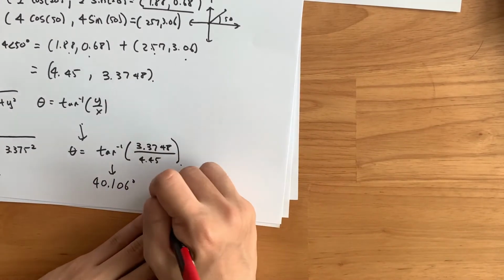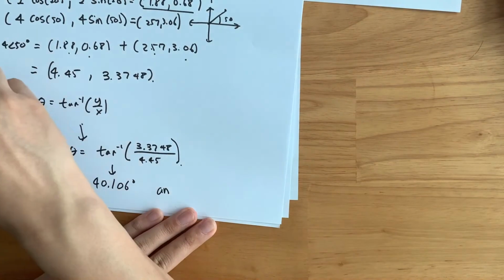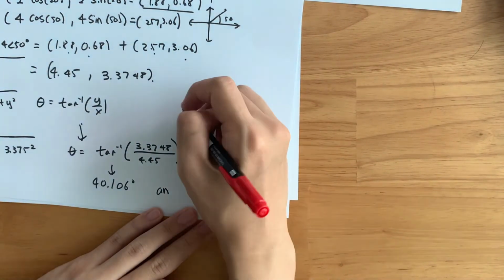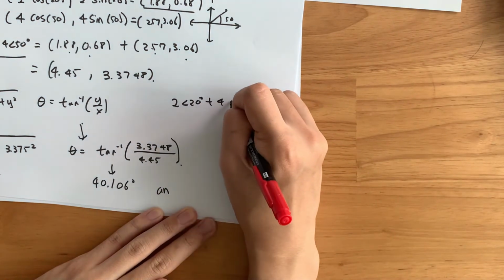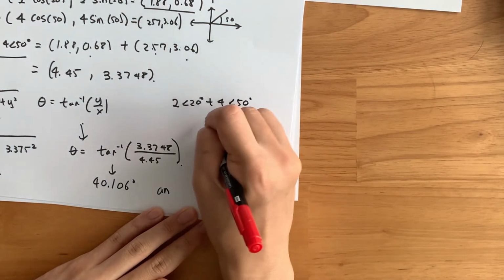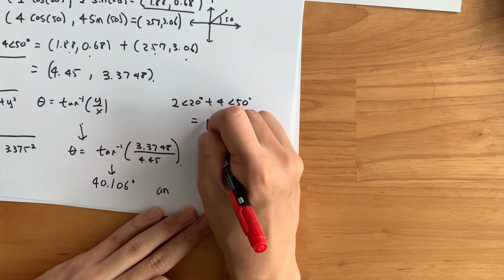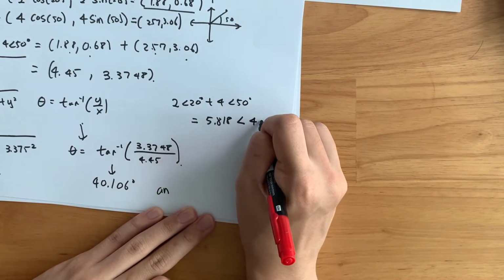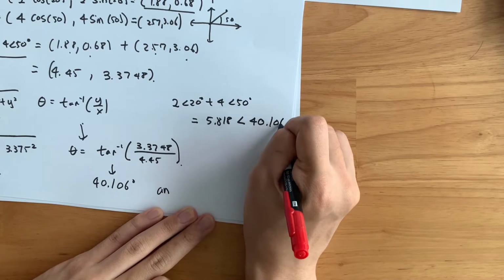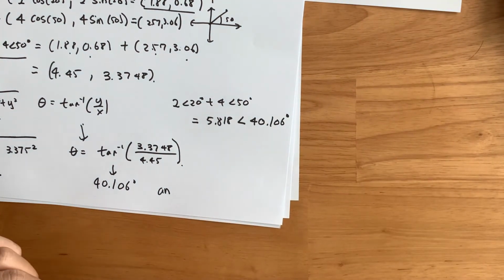So the answer is: (2, 20) plus (4, 50) is equal to (4.818, 40.106 degrees).